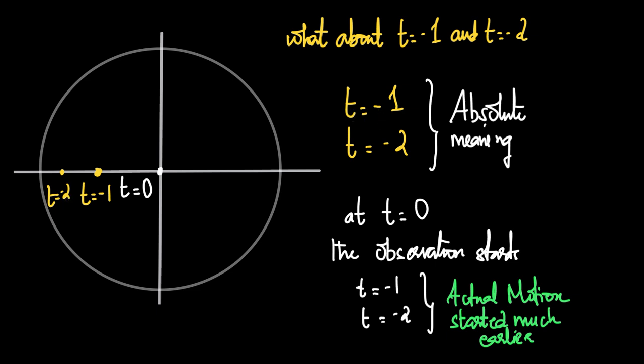Now, t is equal to -1 and -2 doesn't mean the absolute meaning of time. It actually means that the observation started at exactly t is equal to 0, and the actual motion was even taking place before t is equal to 0. Therefore, t is equal to minus 1 and t is equal to minus 2 represents the actual motion that started much earlier.